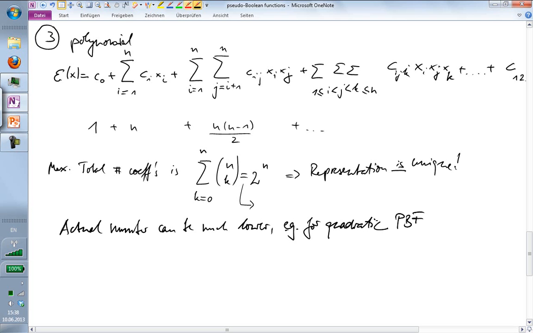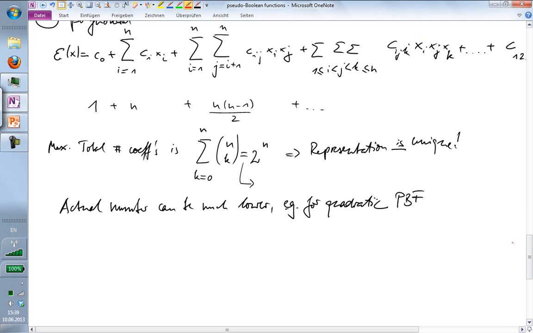For quadratic pseudo Boolean functions, we omit all these higher order terms and have a total number of coefficients which is n squared over 2 plus n over 2 plus 1, which is just the number of entries that I have along the diagonal and along the upper triangle of a matrix, plus 1 for the constant offset here.